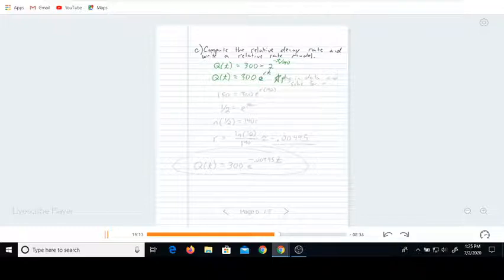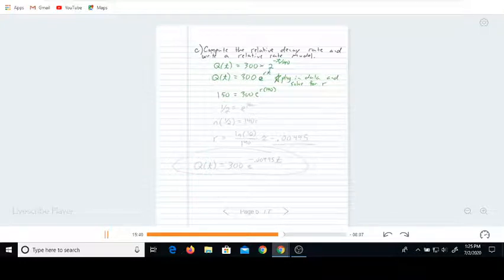So we need to plug in data and solve for that rate. We know that it has a half-life of 140 days. So if I set that time value to 140, I'm going to have half of what we started with, which would be 150.